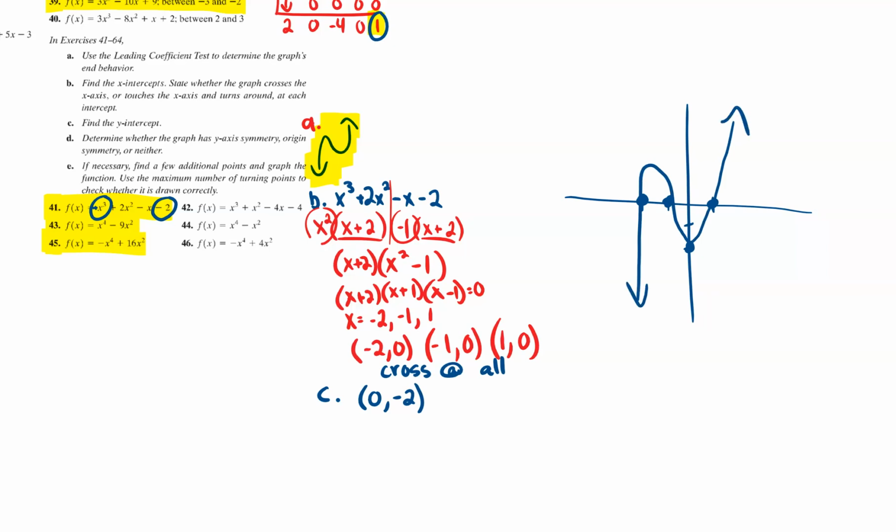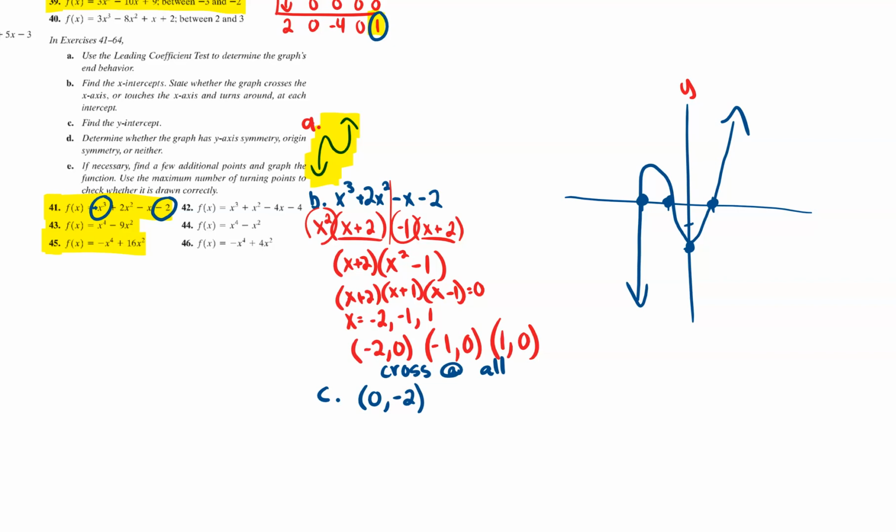All right, so determine whether the graph has y-axis symmetry. Y-axis symmetry means, this is the y-axis, that if I folded it over the y-axis, it'd be the same on both sides. Hopefully you can see it's not symmetrical to the y-axis. Origin symmetry means if you were to rotate it 180 degrees around the origin, you would end up with the same image.